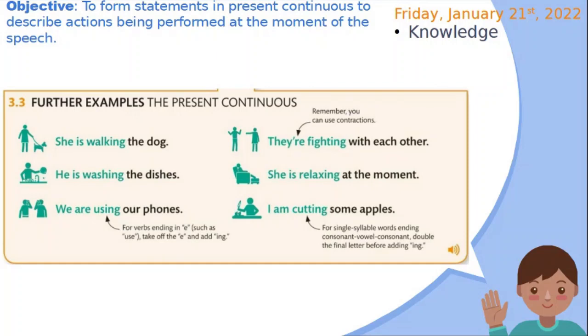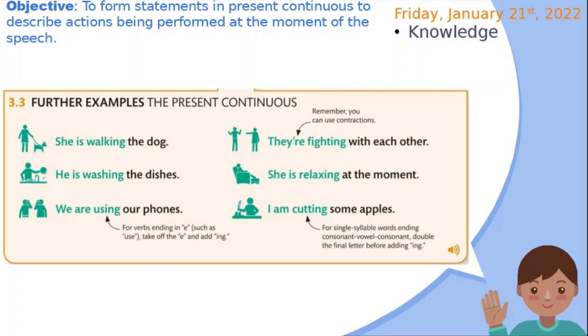We could do this like she's relaxing at the moment. It says she is relaxing, but we can also do she's relaxing at the moment. We use the contraction when speaking. And then this last one, I am cutting some apples.